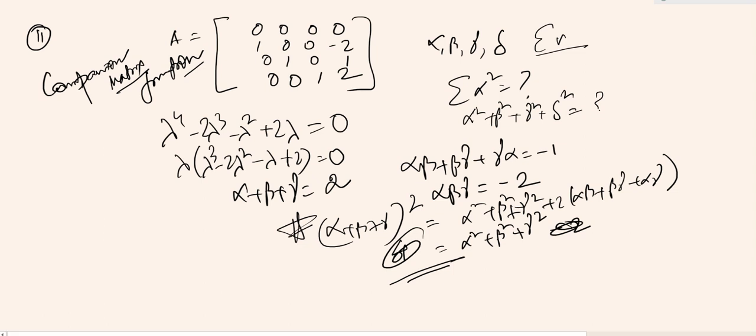So anyone know what is a companion matrix? You have forgotten. So it's a square matrix defined in this format. So why it's a companion, let me just show you.